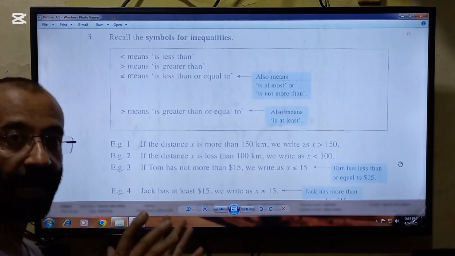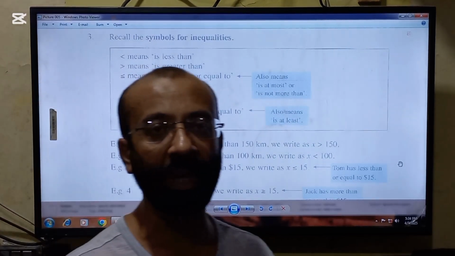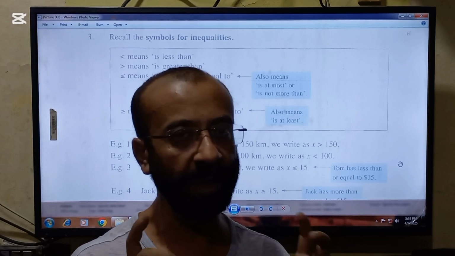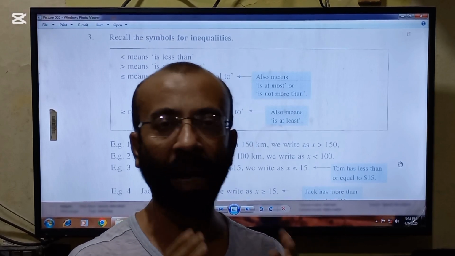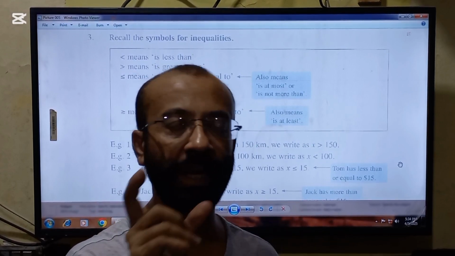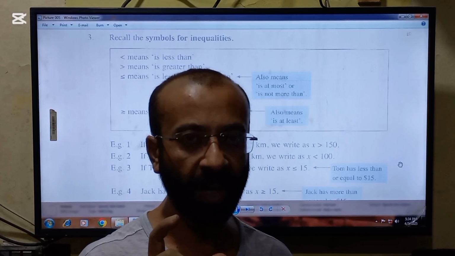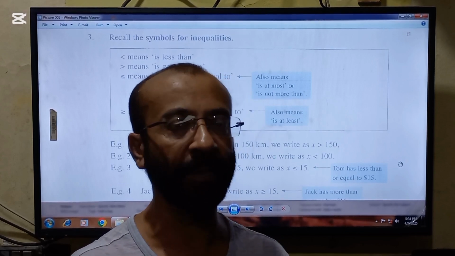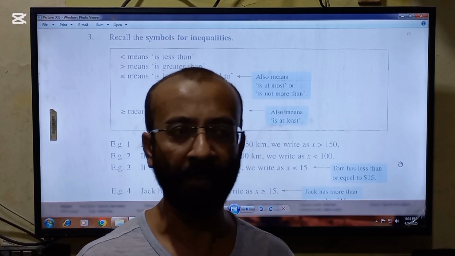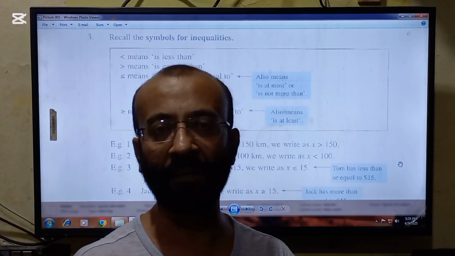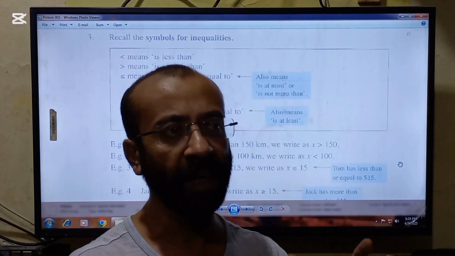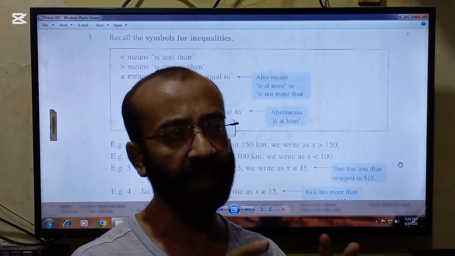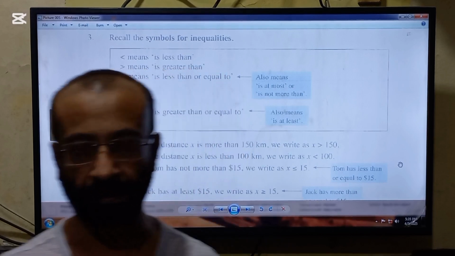So these are some examples. It means you have to read this statement carefully. And after reading this statement, you have to make an inequality. And if you are able to make the inequality, the rest of the question will be much easier, because the same steps, whatever you have learned in equation questions, the same steps will be used.